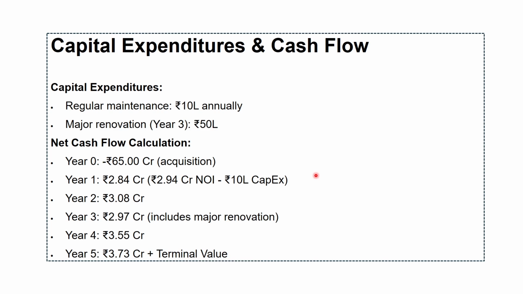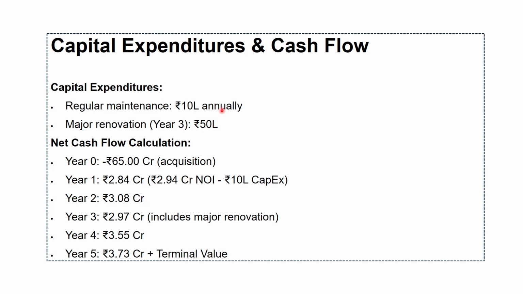We have budgeted regular maintenance capital expenditure of 10 lakh rupees annually to handle routine upkeep such as elevator maintenance, HVAC system repair and common area improvement. Additionally, we have planned a major renovation in year 3 costing 50 lakh rupees, which might include updating the lobby, upgrading the common areas or improving building systems to maintain the property's grade A status.